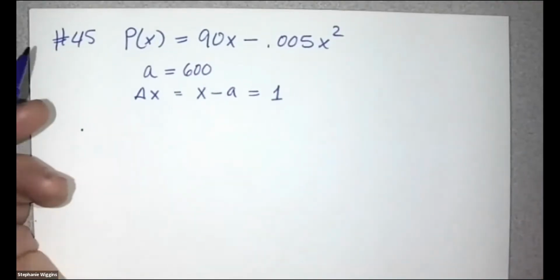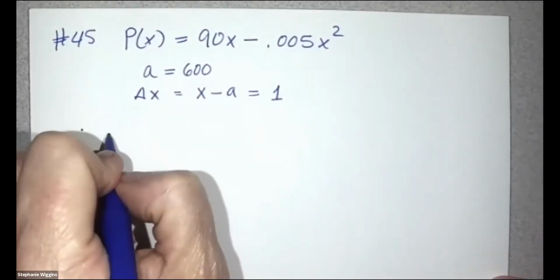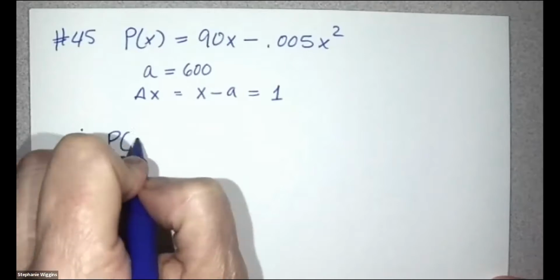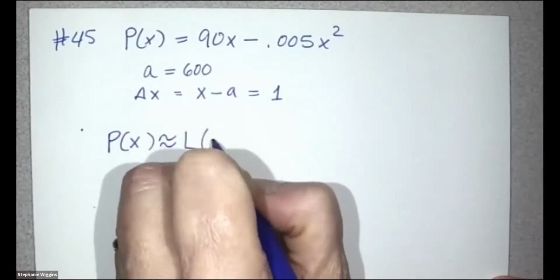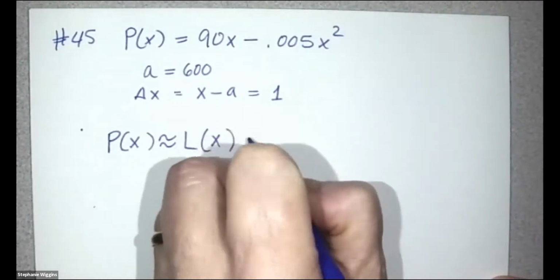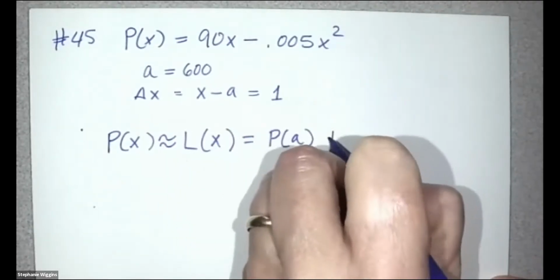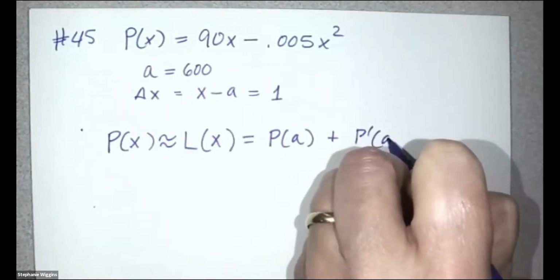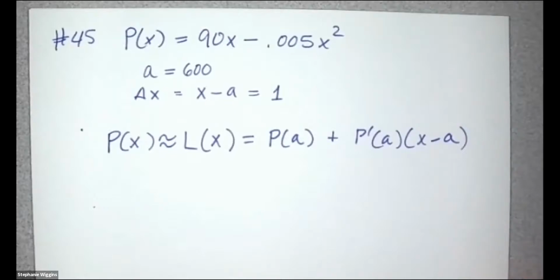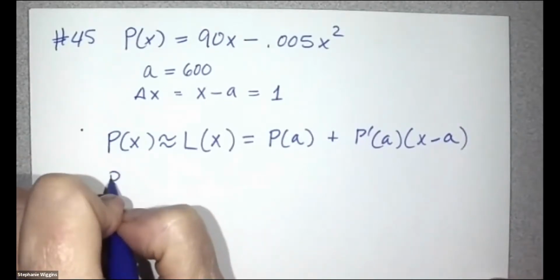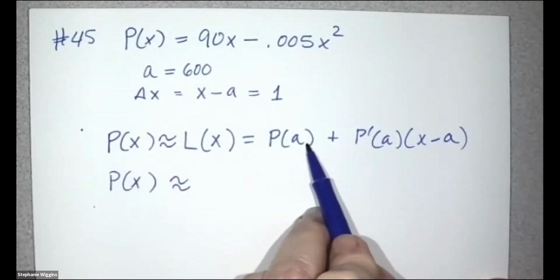Okay, our function is P of X. So we want to use P of X, and what this is saying is P of X is approximately equal to L of X, which is equal to P of A plus P prime of A times X minus A. So that means P of X is approximately equal to, what's P of A?